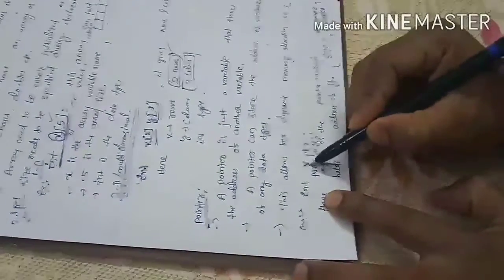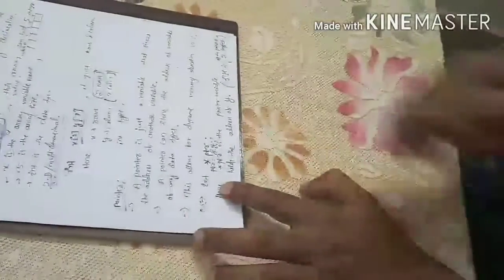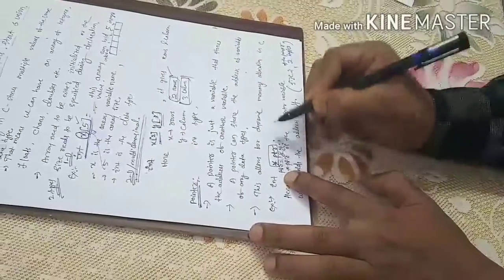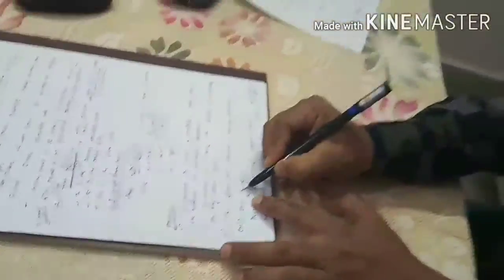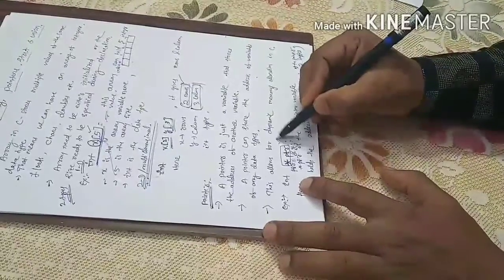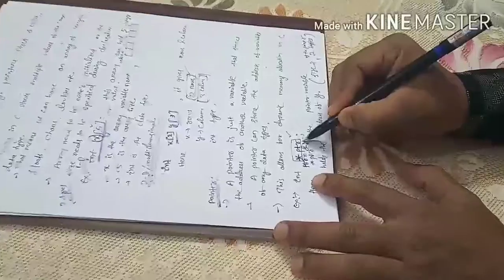See, I have just given one example: int star ptr. So star ptr is nothing but the pointer variable. A pointer variable is known by this star symbol. So int star ptr is the pointer variable I have defined. Suppose ptr equal to address of y.